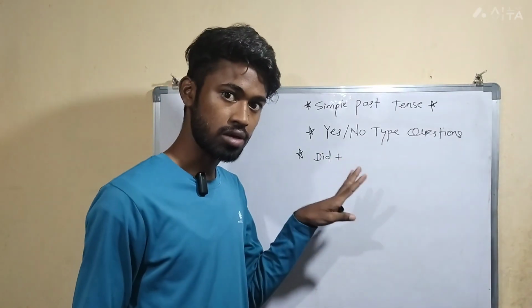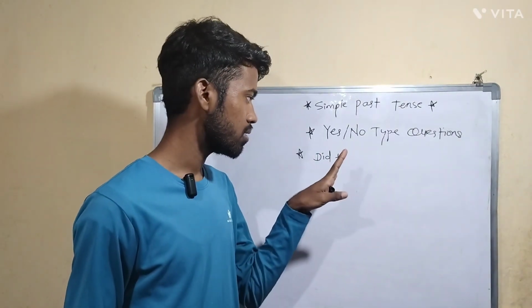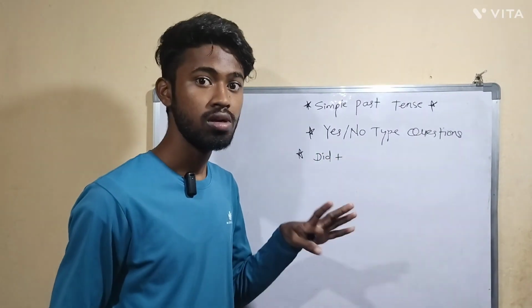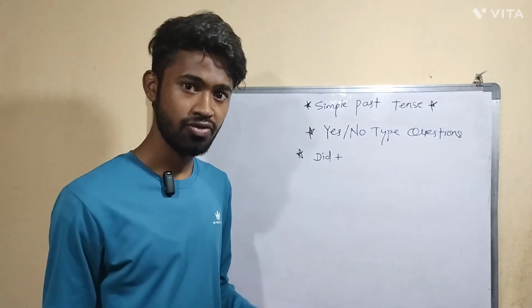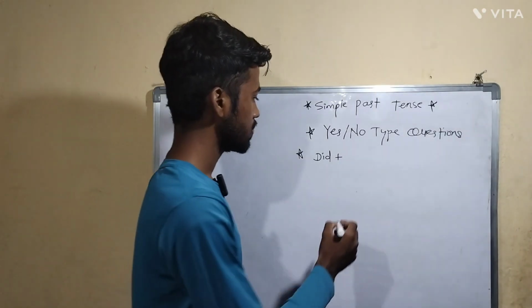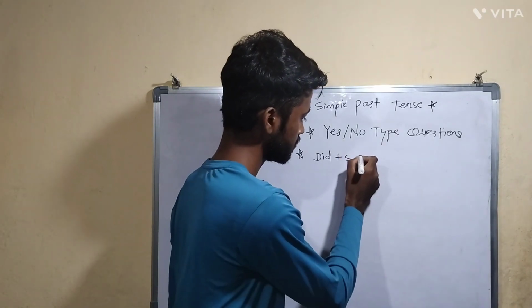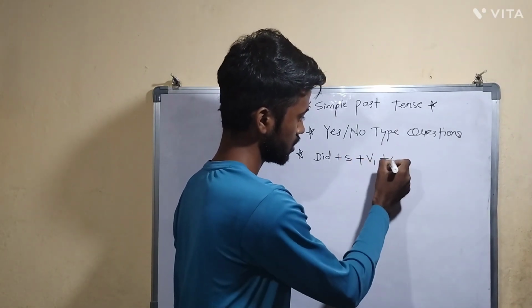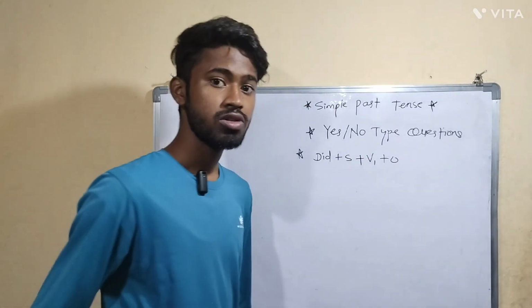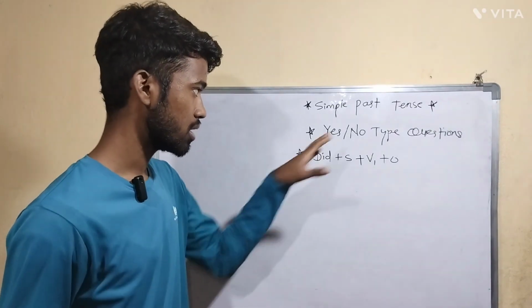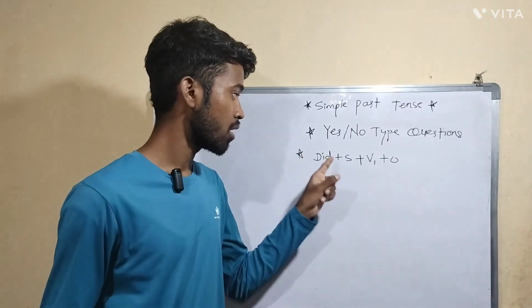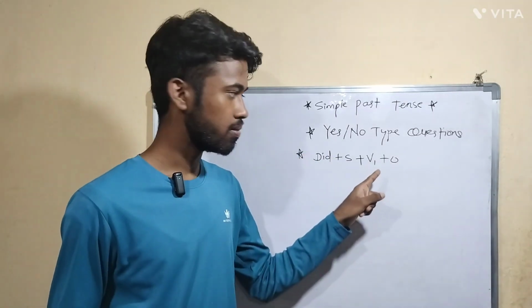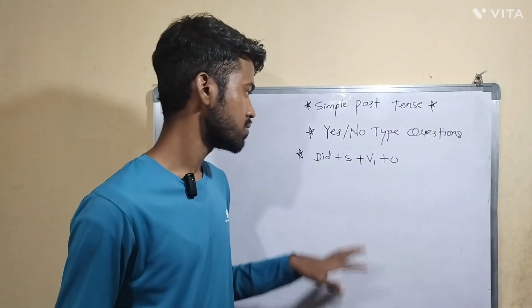So just try to understand the reason why we are using these structures, and it will last a long time in your mind. So did plus subject plus first form of verb plus object. This is the structure for verbal questions, or yes-no type questions. First the helping verb, that is did here. After that the subject, after that the first form of verb, and in the last the object.